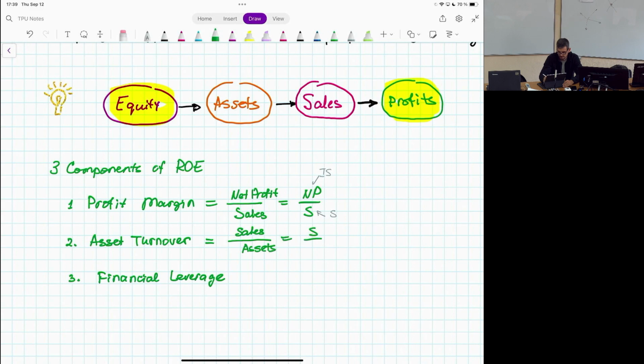Or S divided by, well, total assets. I'll write down total assets.